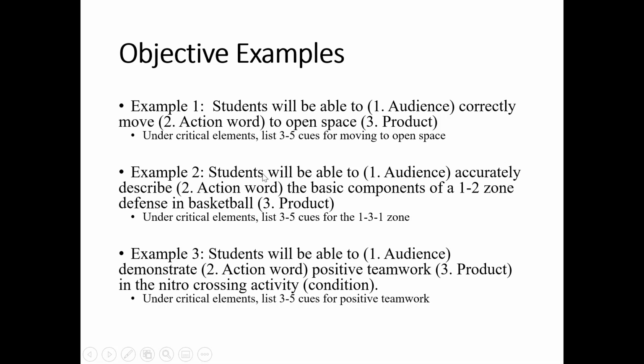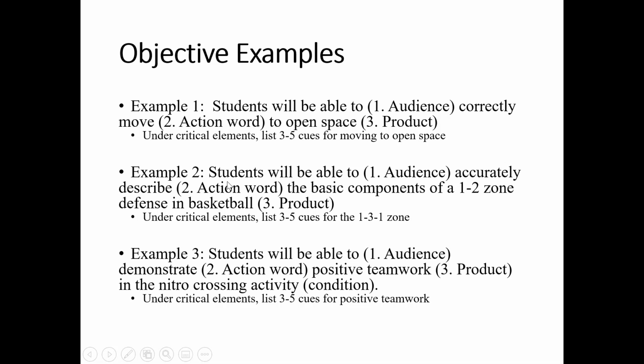Example 2. Students will be able to, which is the audience, accurately describe, being our action word, the basic components of a 1-2 zone defense in basketball, which is our product. Under critical elements, we're going to list the 3 to 5 cues for a 1-2 zone in basketball.